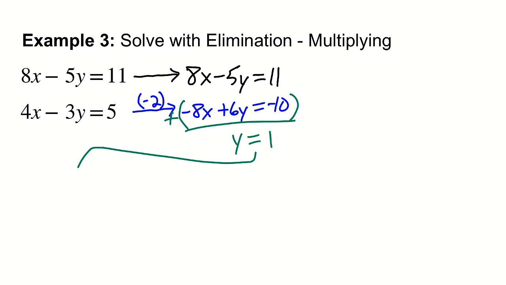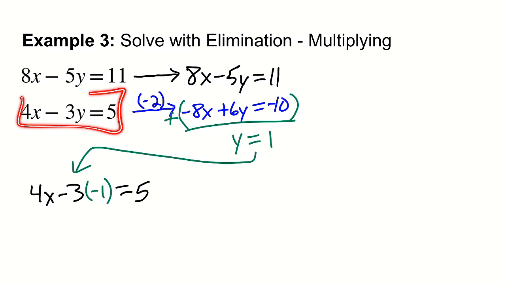Now I'm going to take that and plug it into either equation. It doesn't matter which one. I'm going to do 4x minus 3 times y, which is 1, equals 5. So I used this equation right here.